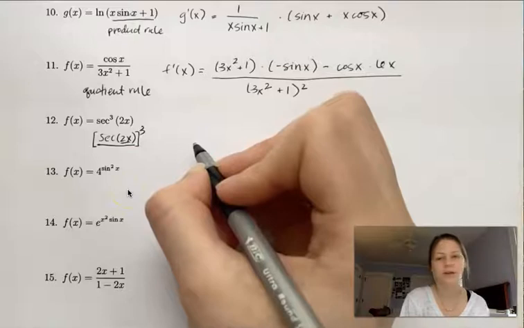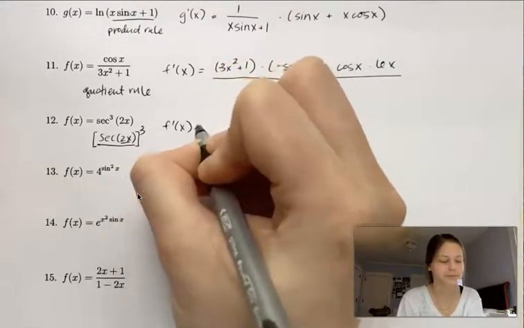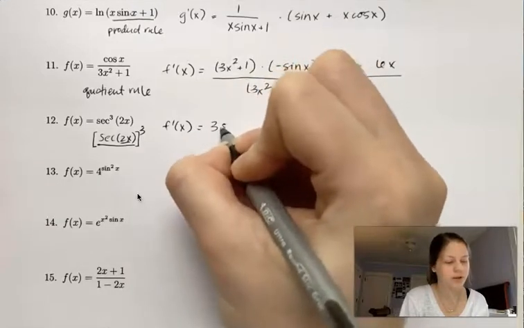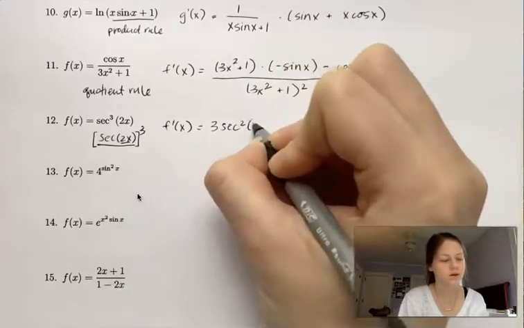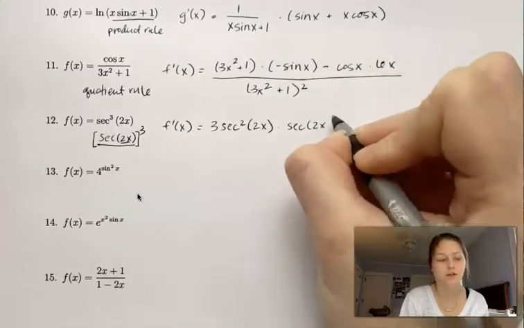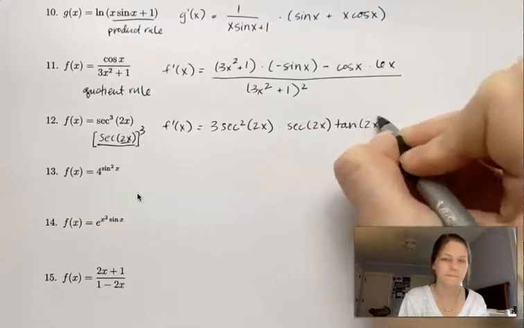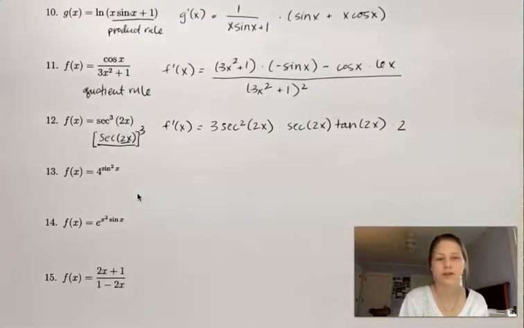And then we will get our answer, which is f prime of x is equal to 3 secant squared 2x times secant 2x times tan 2x times 2.